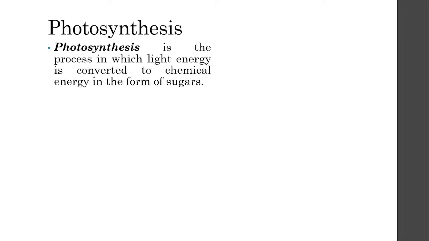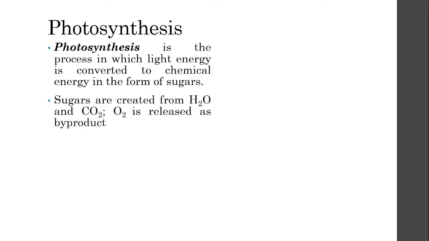So what is photosynthesis? Basically, photosynthesis is a process that photosynthetic materials such as plants and other organisms such as cyanobacteria or algae use light energy and convert it into chemical energy in form of sugars. These sugars are created from the water and the carbon dioxide that the plant takes up.